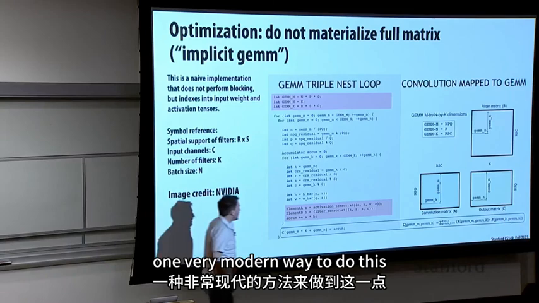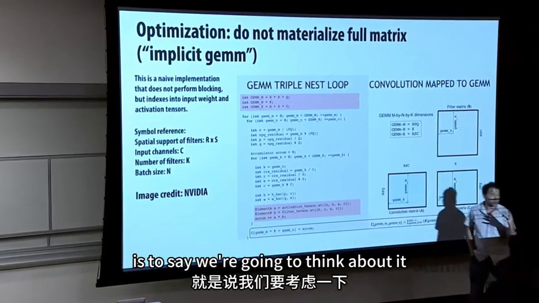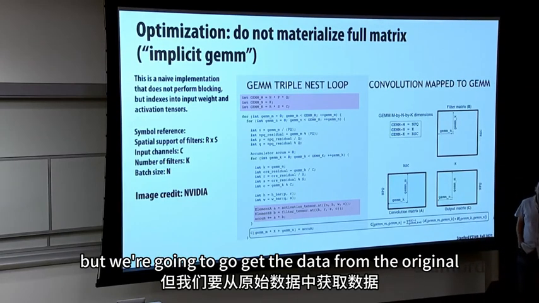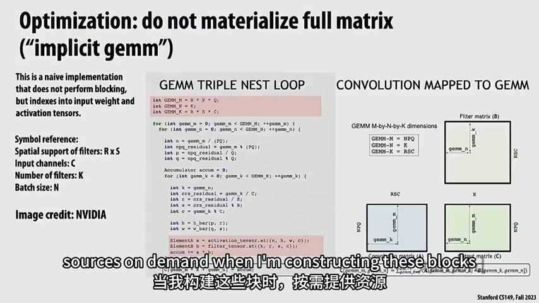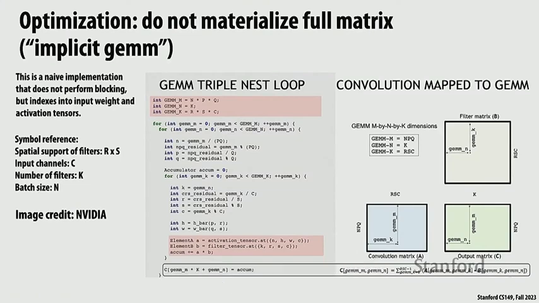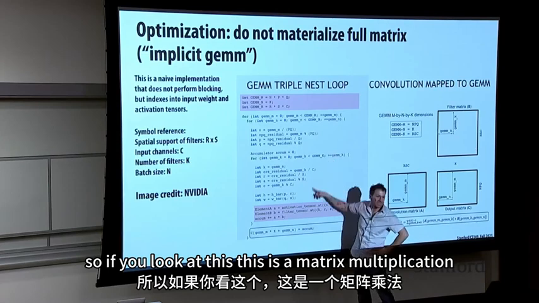So one thing to keep in mind is that one very modern way to do this is to say we're going to think about it like matrix multiplication, but we're going to go get the data from the original sources on demand when I'm constructing these blocks, right? So if you look at this, this is a matrix multiplication.